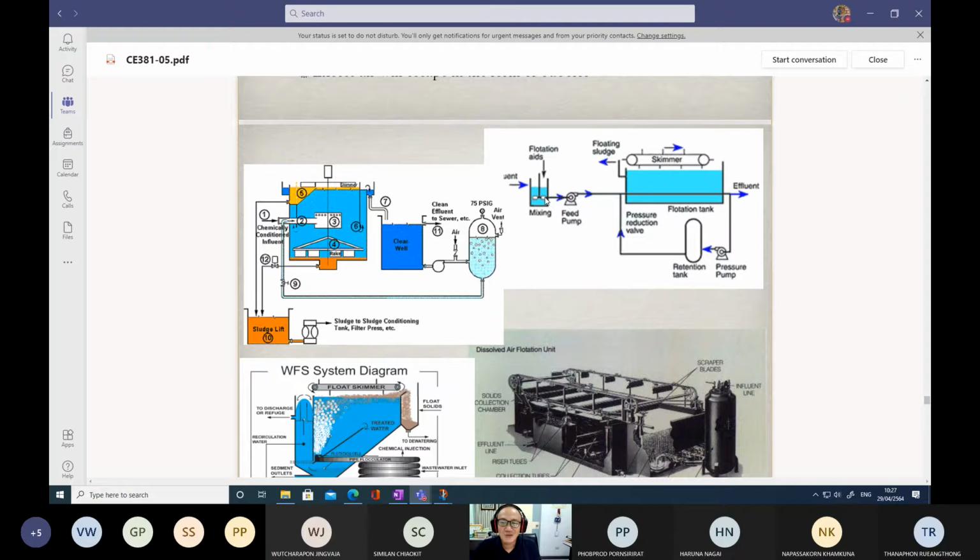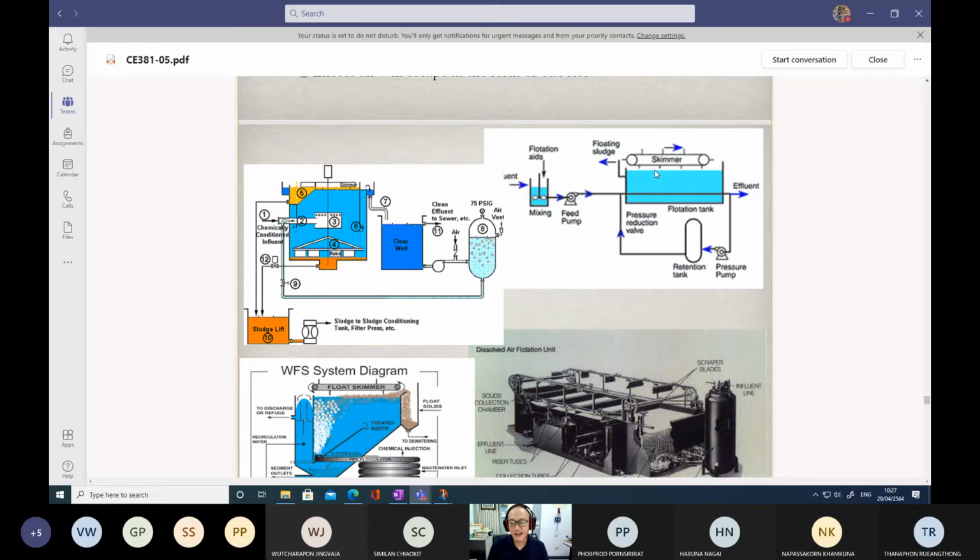But anyway, the influent is fed into the mixing chamber where the flotation aids are added, and then these liquids will be pumped to this flotation tank. This one is the main tank, the flotation tank. In this tank, we do not provide any aeration facility.